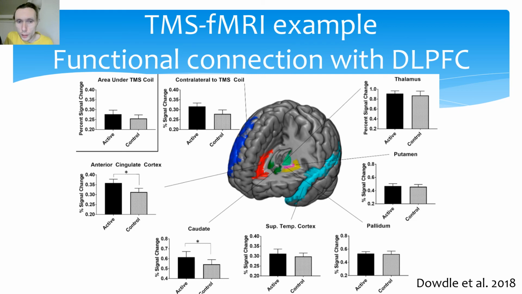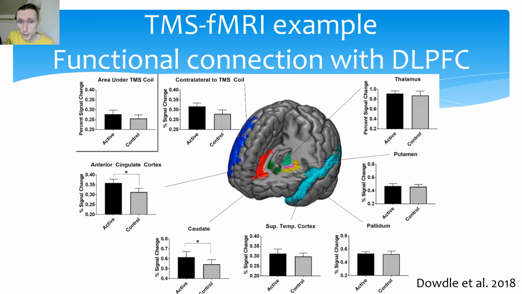And what they saw is that stimulation of TMS over the dorsolateral prefrontal cortex also caused some activity compared to a control condition in the anterior cingulate cortex and in the caudate nucleus, which are very deep in the brain. Particularly the caudate nucleus is very deep in the brain and is at least multiple centimeters away from where the actual target of TMS is. And that also shows, like I said before, that if you stimulate with TMS, you will hit an entire network.